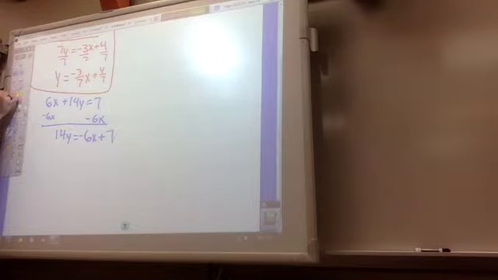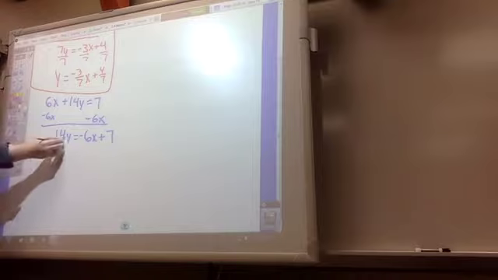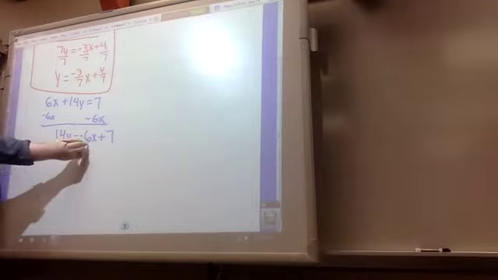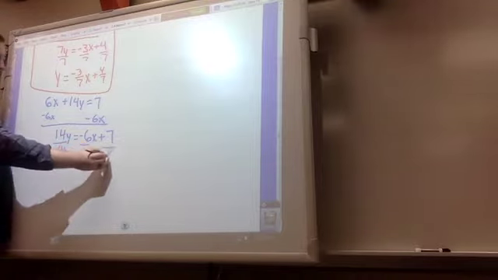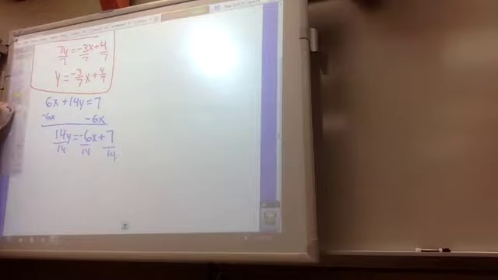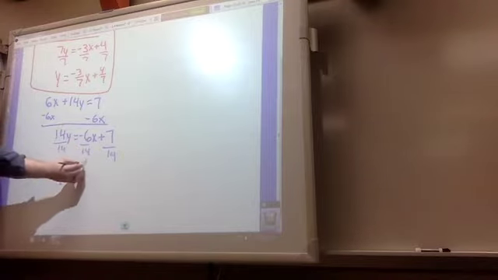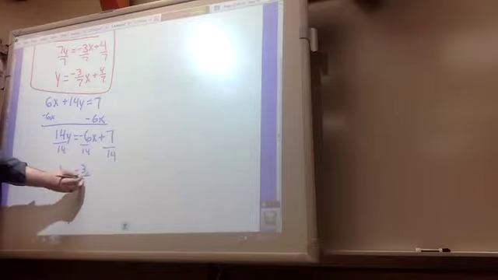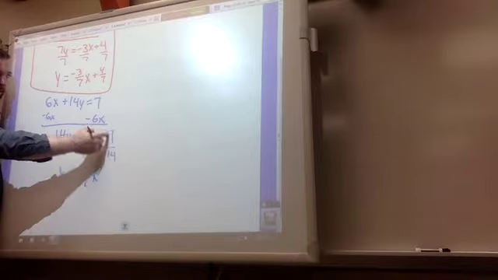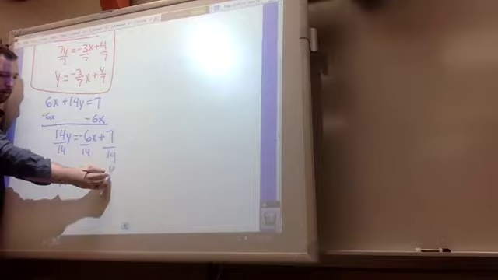Divide by 14. They have the same shape. When I simplify that, 2 will go into both 6 and 14. 2 will go into 6 three times, so I get negative 3 over 7 x. And the y-intercept will actually reduce to 1/2.